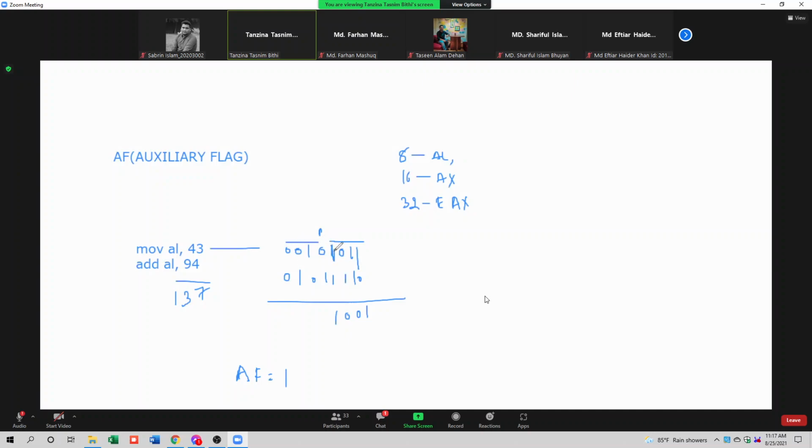This is the last bit of your lower byte and this is the first bit of the higher byte. So when the lower byte produces a carry which is added to the first bit of your higher byte, at that time the auxiliary flag register's value will be 1. Otherwise it will be 0. Is that clear?